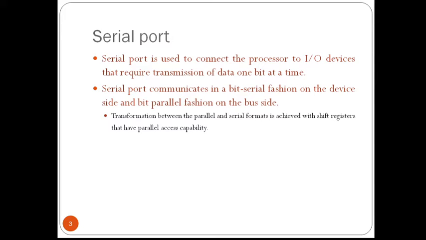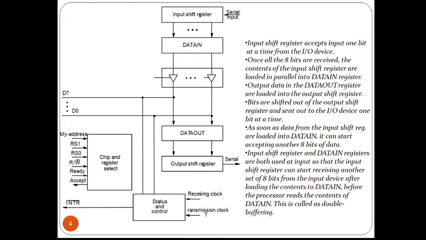For this, the block diagram of a typical serial interface is given in the figure. This figure is 4.37 from the textbook, you can refer. This includes the familiar data in and data out registers, which you already know, and then we have the input shift register that accepts bit serial input from the IO device.